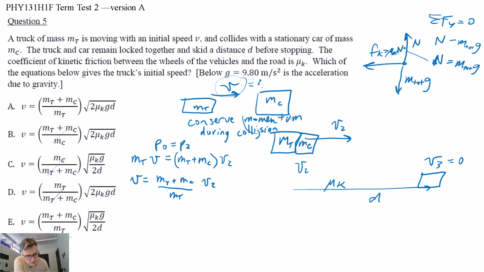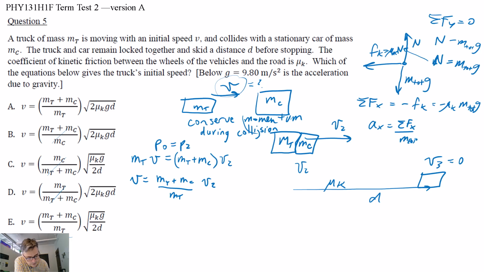And you can plug that into this friction equation so that the sum of all the forces in the x direction is equal to negative F_k, and that's just equal to negative mu sub k times M total times g. And so a_x is equal to the sum of all the forces in the x direction divided by the mass total.